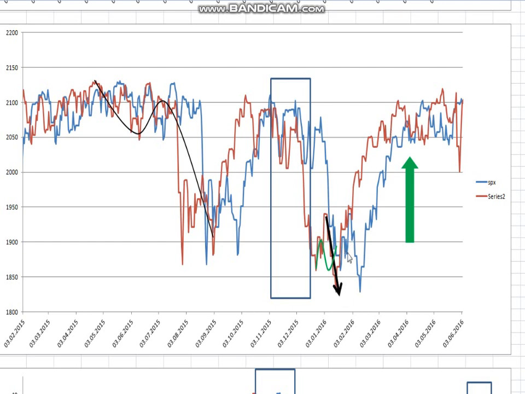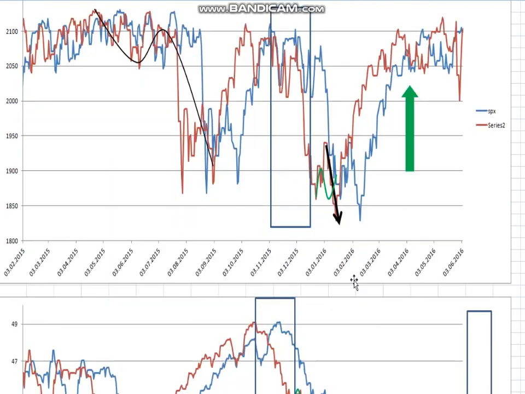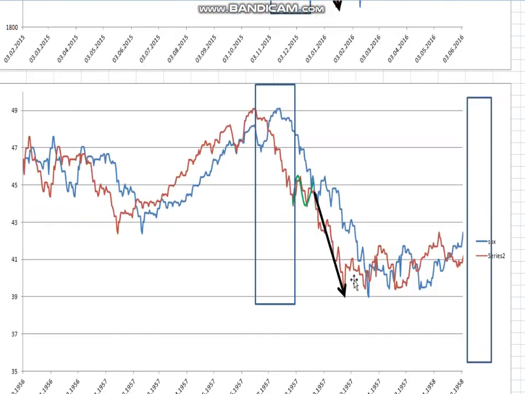So here we rallied, so we couldn't really break this previous low, and this bounce was almost kind of a big double top, but here we didn't get a big flush down and a continuation down. So that was a different pattern.